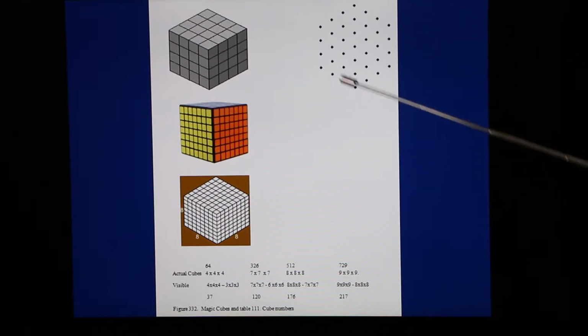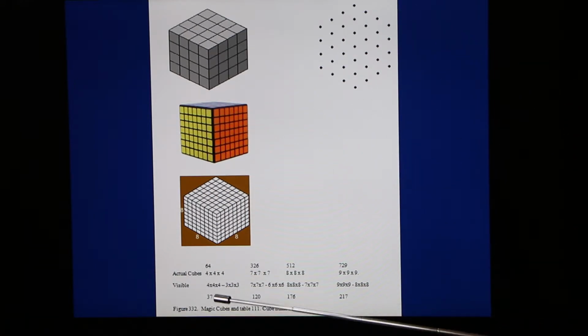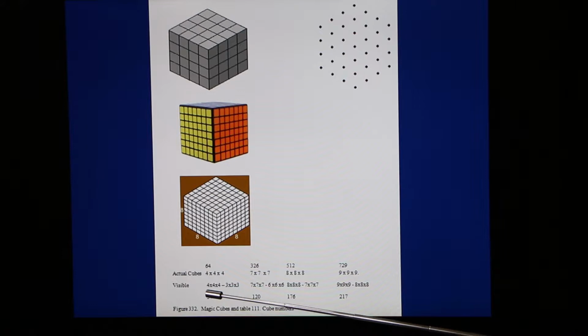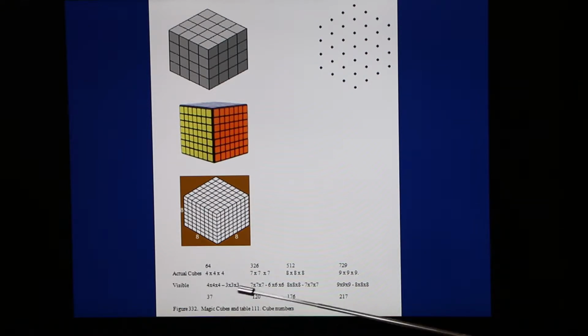I can make of that 37 dots. But then, yes, 4 times 4 times 4 gives me the actual cube. 4 times 4 times 4 minus 3 times 3 times 3 gives me 37.